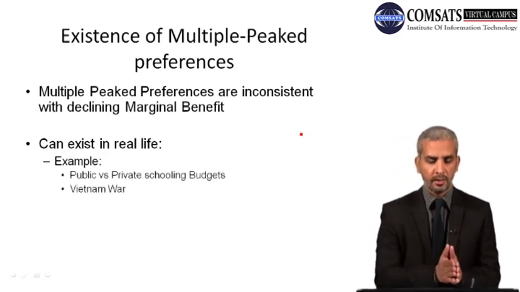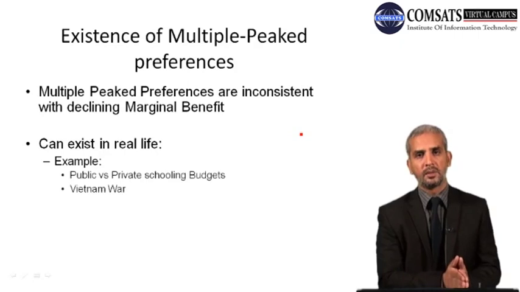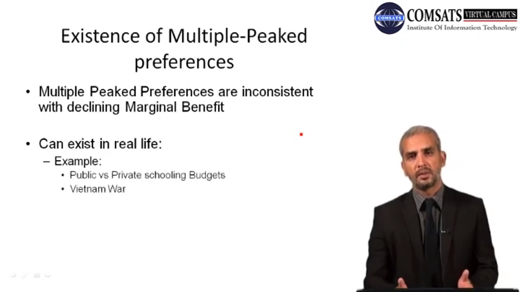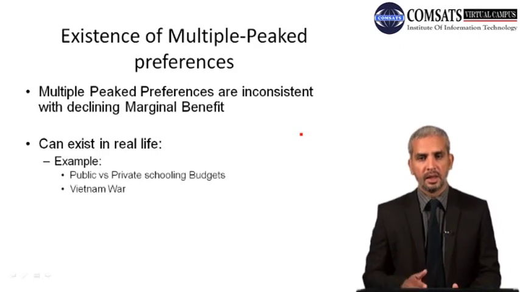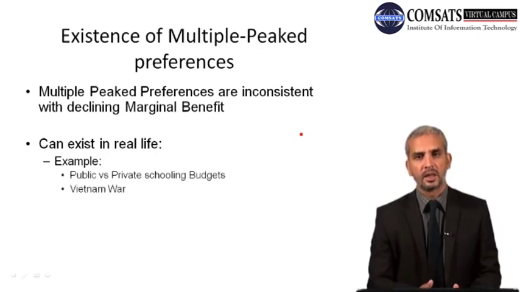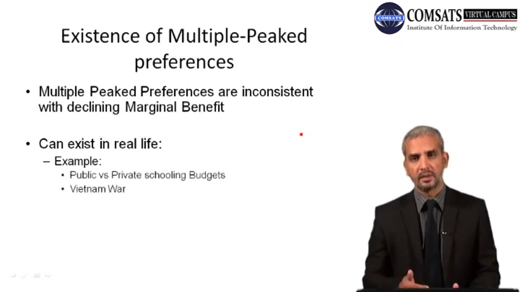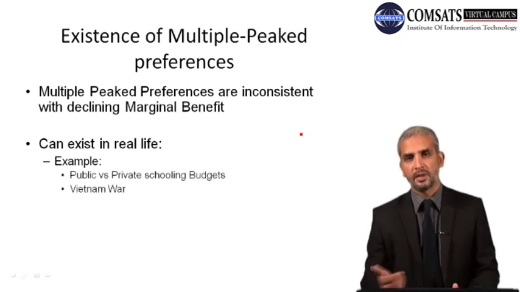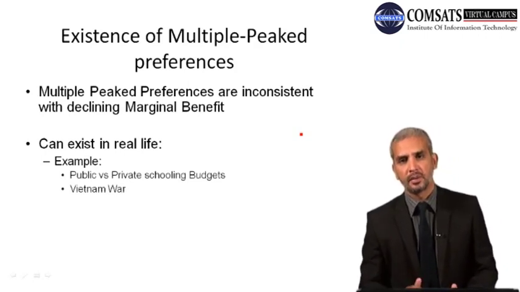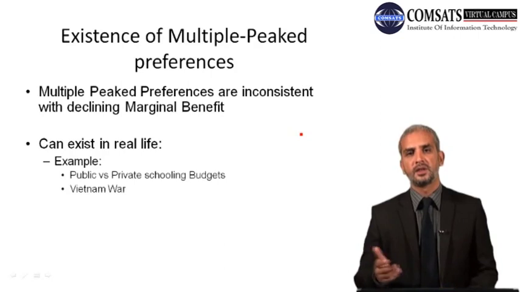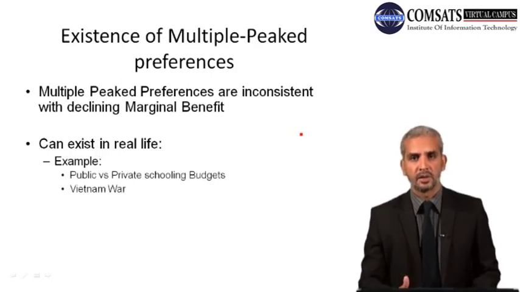In the first scenario, he is opting for a lower budget for public schooling because he is planning to send his children to a private school. On the other hand, when he considers the moderate tax level, that reduces his budget for private schooling of his children, so he is going to opt for a higher budget for public schooling, because now he is sending his children to public schools and he wants a better quality education there.